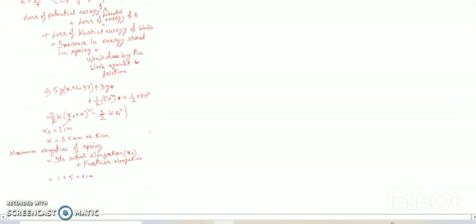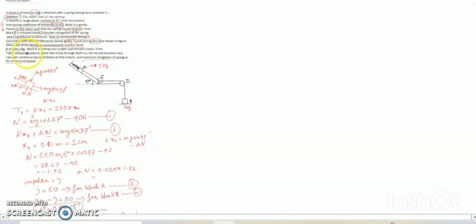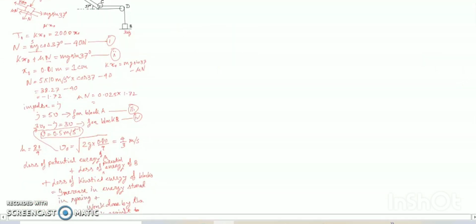And another factor is that 8 by 9 is already given. Which formula? V square is equal to 2gh, because u is equal to 0. This formula I apply in here and find the value of V.